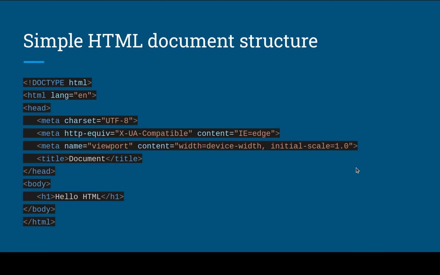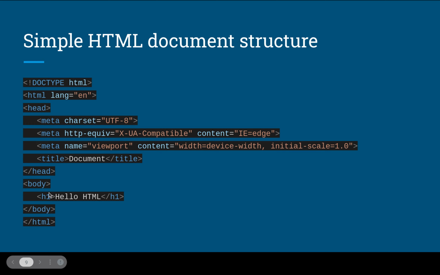So yeah, this is a simple HTML document structure, right? Say you have an IDE, for example, let's say Visual Studio Code or some other IDE, right? So this is how you basically define an HTML file. So you can see the doctype, the HTML tag, the head section, the body, and then the closing HTML tag.